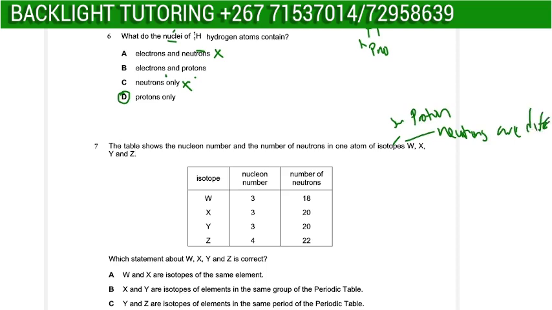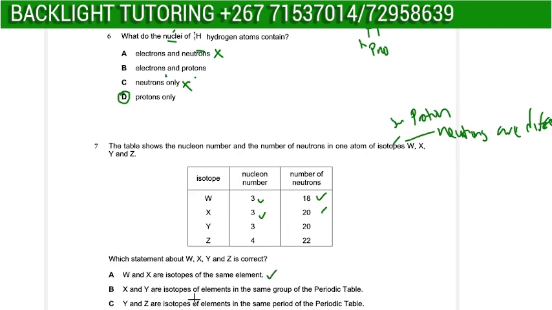So this is the statement that we are holding now. And then W and X are isotopes of the same element, right? So let's look at the neutrons. The neutrons are different, right? And then the nucleon number, we can see that it is the same, right? So this is likely to be correct.